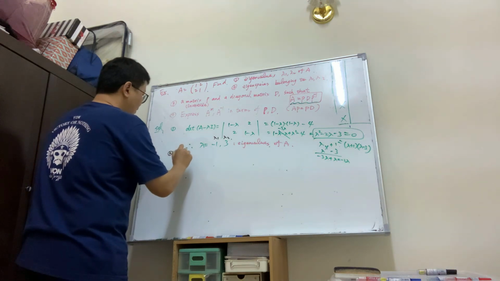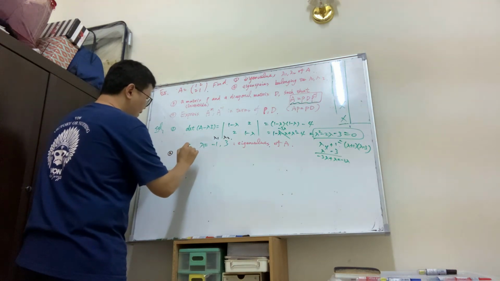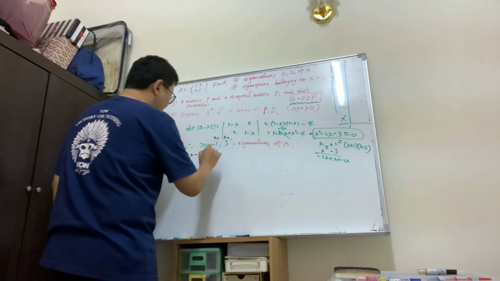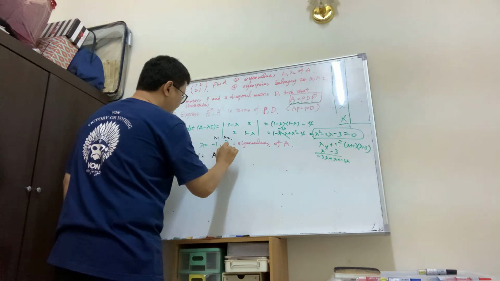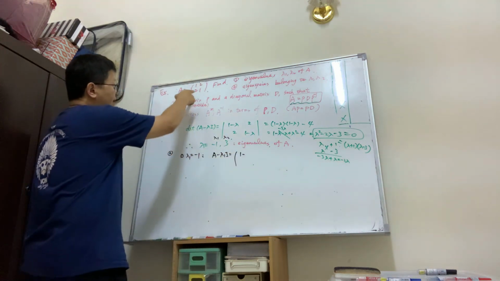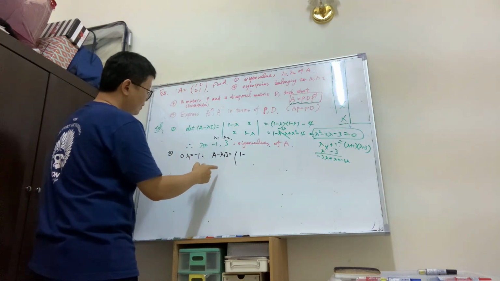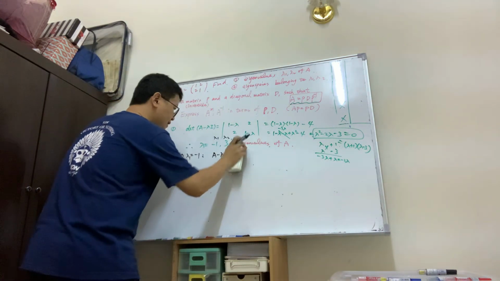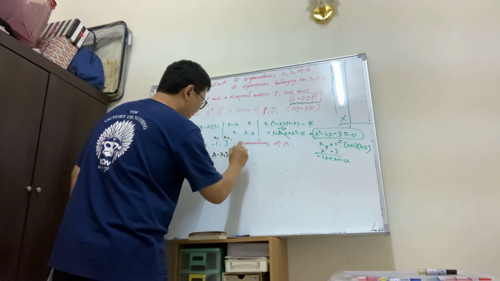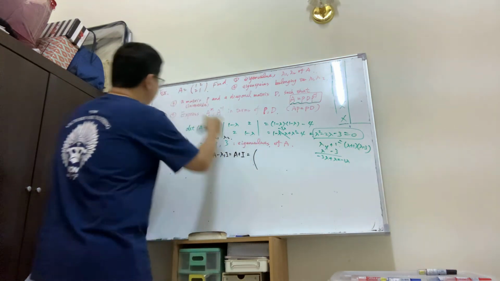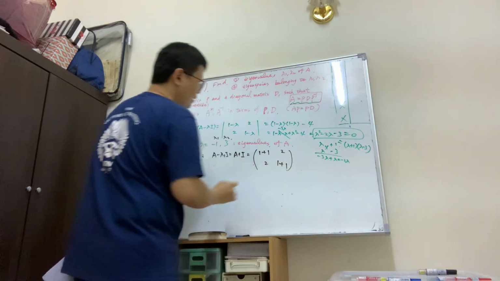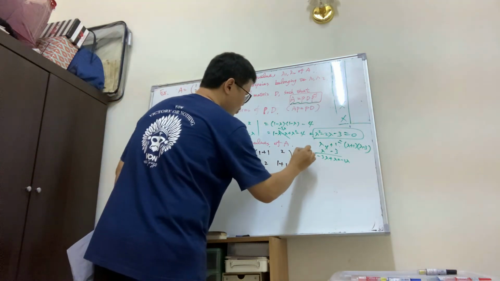We have two eigenvalues. The first one is -1. If we denote it by lambda 1, for its eigenspace we consider A subtract lambda 1 I. It's exactly A subtract (-1), so it's A plus I. For diagonal entries we should add 1, so it's the matrix with entries 2, 2, 2, 2.